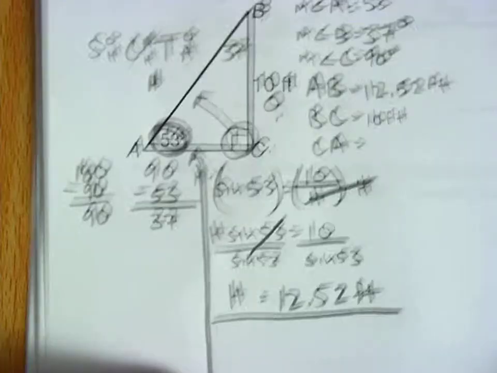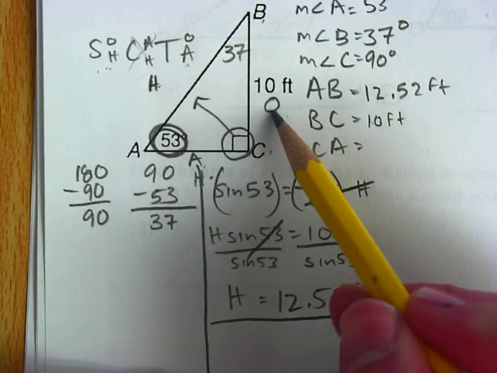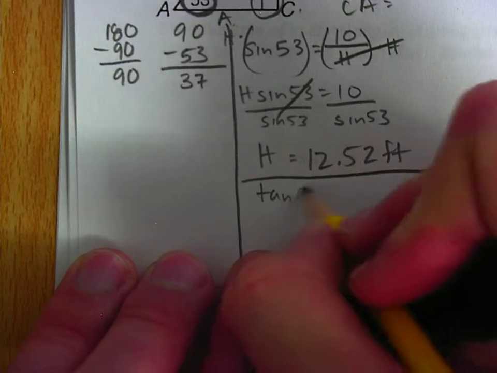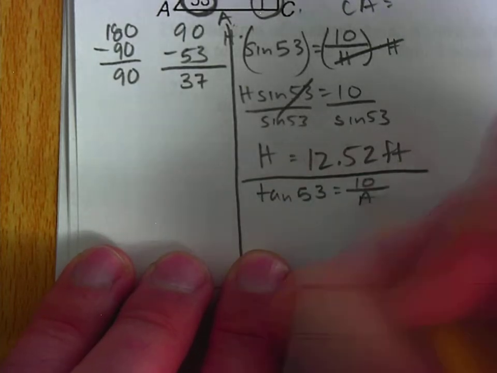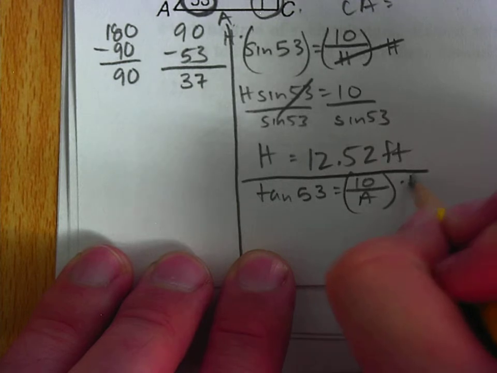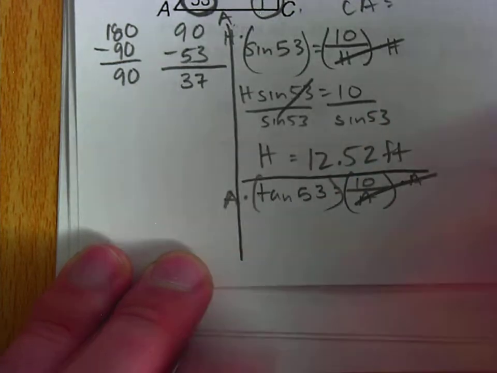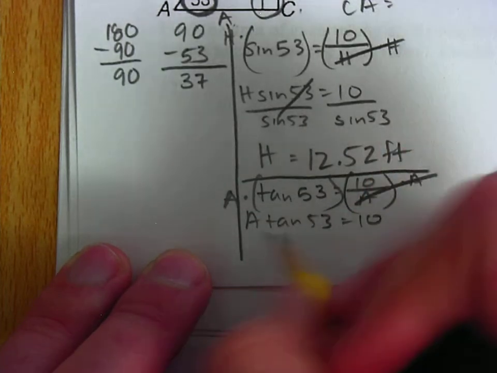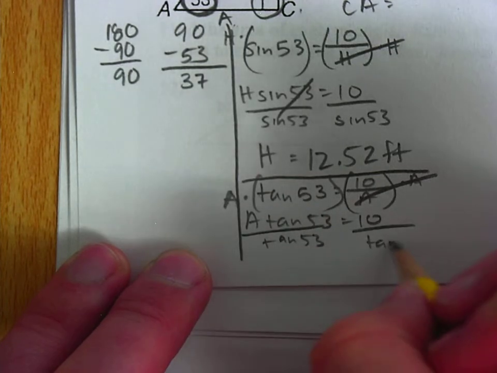Now to find A, we have opposite and adjacent, so that's going to be tangent. So the tangent of 53 equals the opposite, which is 10, over the adjacent, A. So we're going to times by A, or times by the denominator. A tan of 53 equals 10, and we divide by tan of 53 to get A alone.